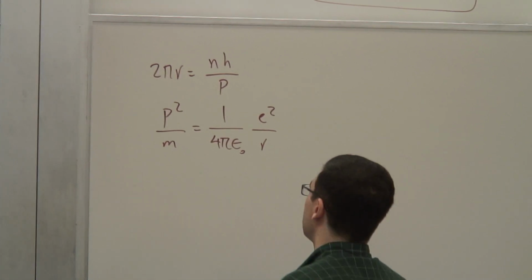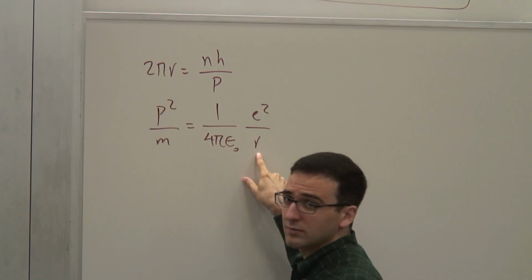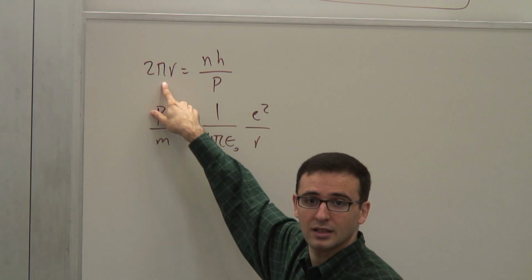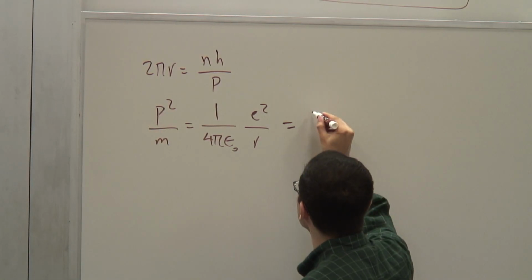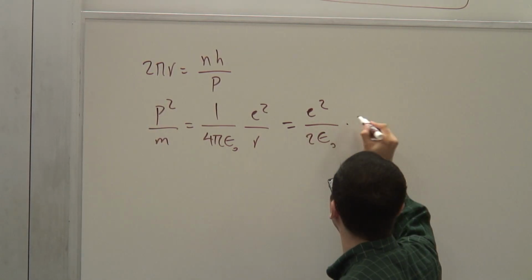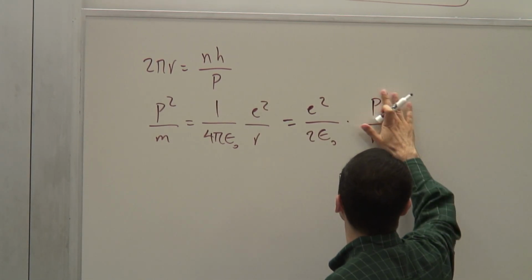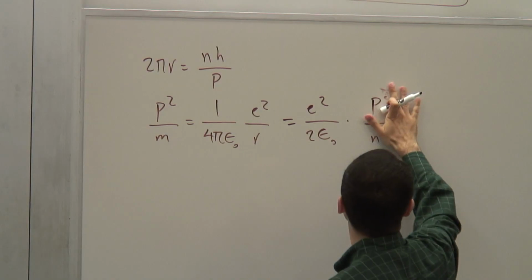So what's the best way to go about solving this? Maybe I can take this 2 pi r from here and plug it in from that there, right? So I can say this is e squared over 2 epsilon naught. I keep the 2 pi r. So it would be 1 over that, so it would be p squared over nh. I'm sorry, not p over nh.